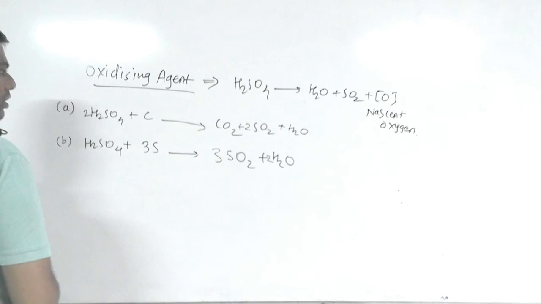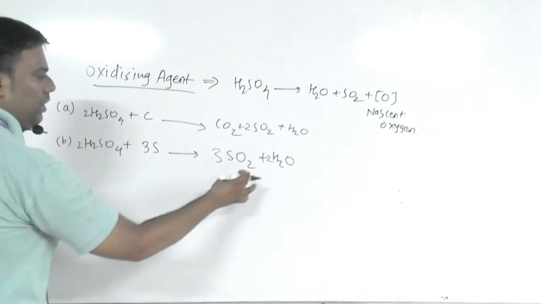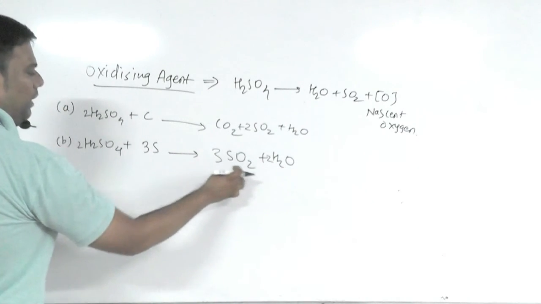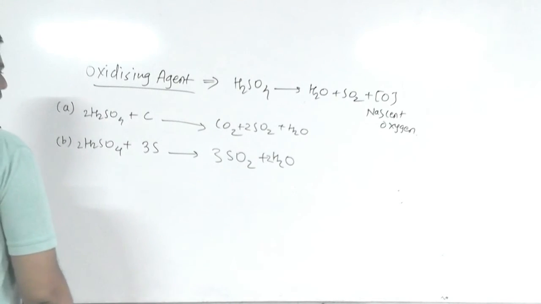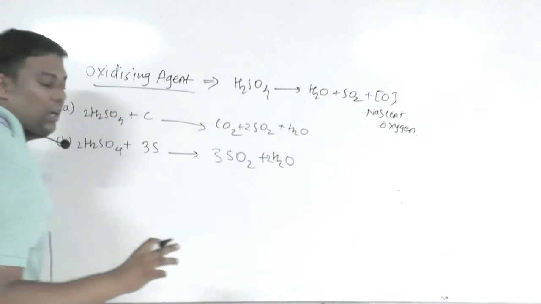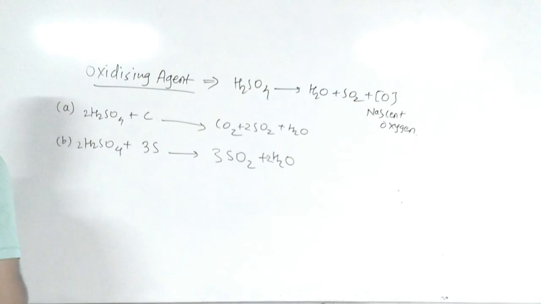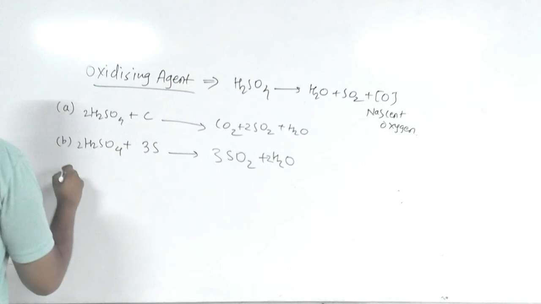3S, 4 oxygen. See, these 2 and this 4, 8 oxygens are there. 3 times 6 and these 2, 8 oxygens. Yes, our reaction is balanced. Now see the next, small c.